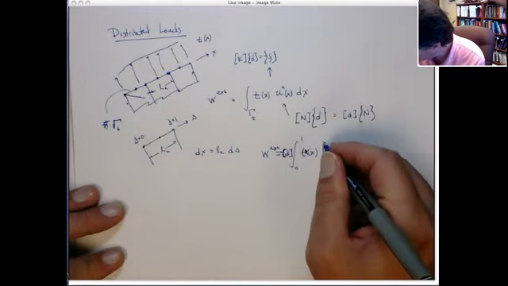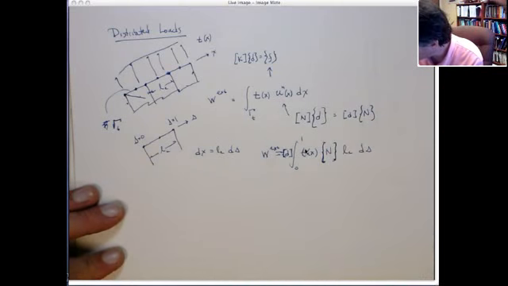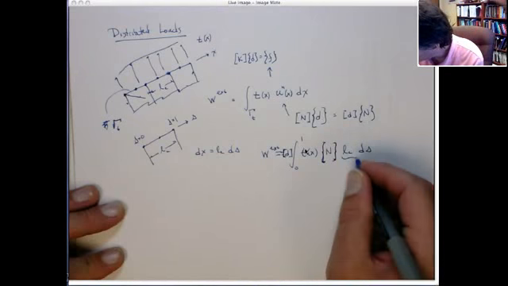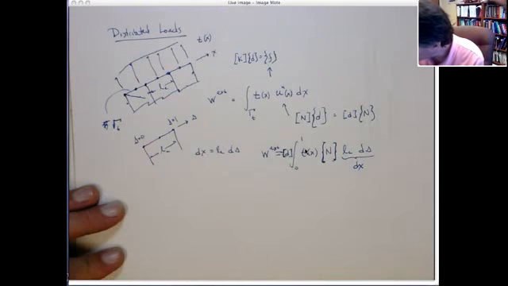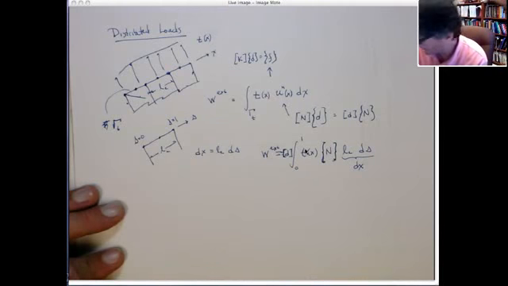Okay? So this is a column vector, this is a row vector, right? This term here is dx, traction times the displacement. I just pulled the nodal values out because those are constant.